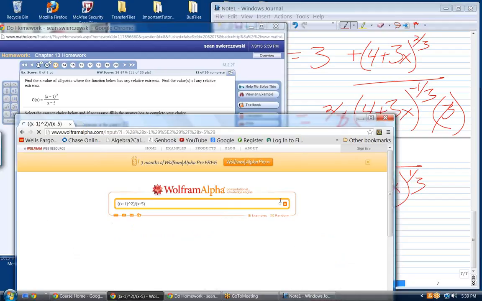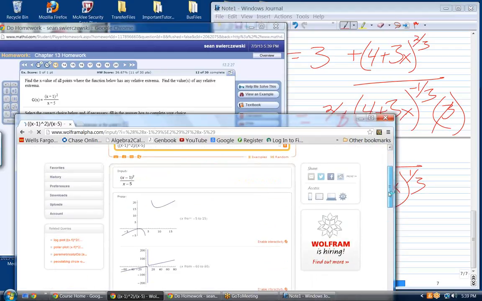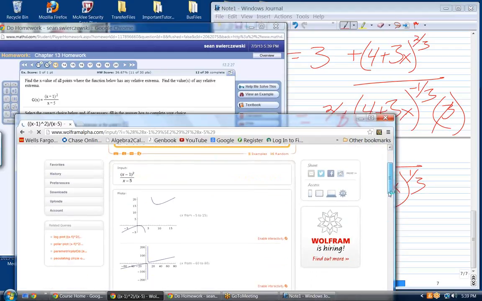Should be some sort of a hyperbolic curve. Okay. So that's what our curve looks like. We can see that there's a local maximum right there, and there's a local minimum up here. Right? Yeah. Okay.